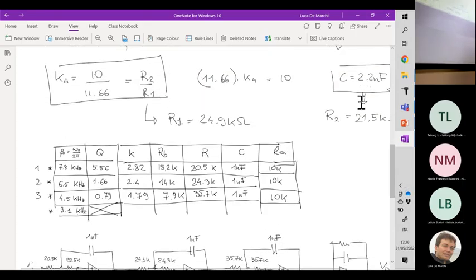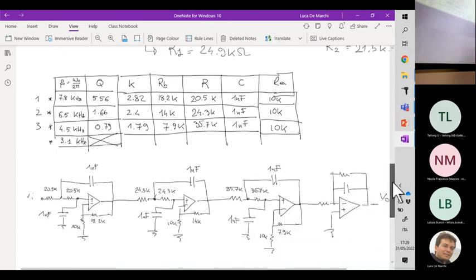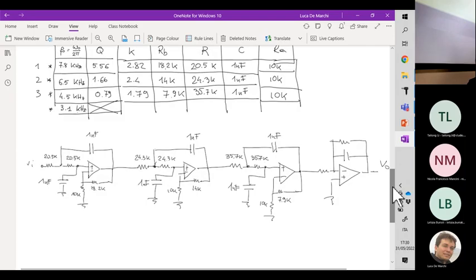Then we have to take these values for the first order stage.